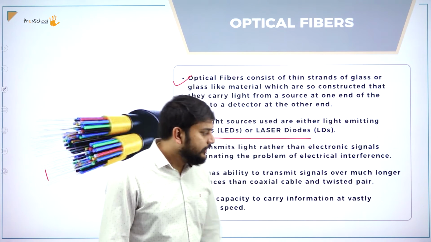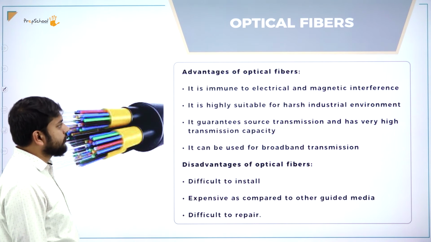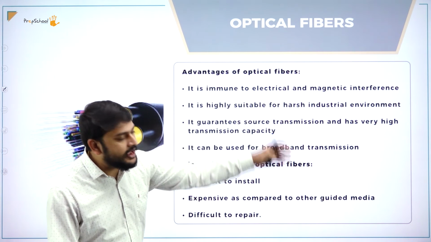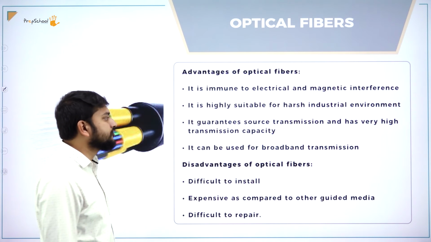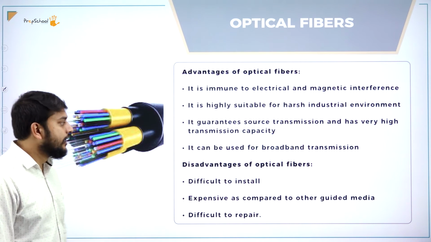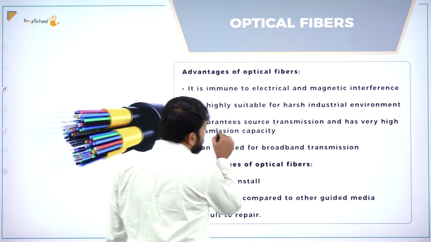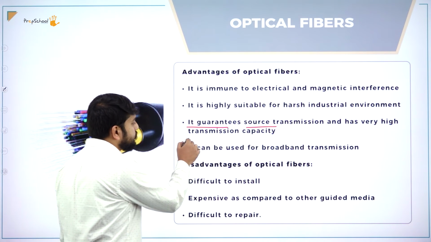All right, let's check out the advantages of fiber optics, or optic fibers. It's immune to electrical and magnetic interference. Yes, we know that. It's highly suitable for harsh industrial environments, and please understand that's very important. It guarantees secure transmission and has a very high transmission capacity.